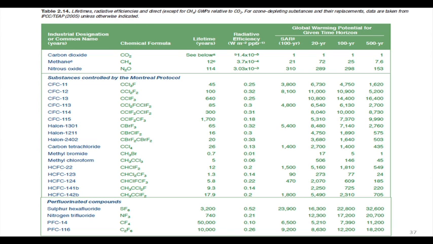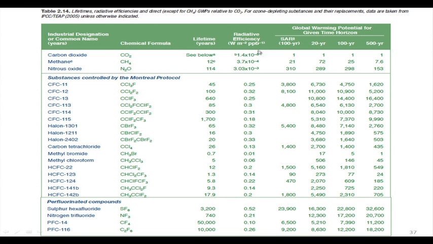Here on the left side are different types of substances controlled by the Montreal Protocol, perfluorinated compounds, carbon dioxide, methane, nitrous oxide, and their lifetimes. Methane is 12 years, nitrous oxide 114 years, and we have different lifetimes given for the others.